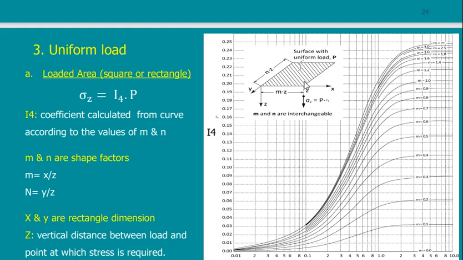I cannot use this to calculate the stress at a point away from a loaded area or inside a loaded area. I can only calculate the stress at a point at the corner. Suppose that this is the loaded area, this is the corner, and I want to calculate the stress at a depth Z below the ground, then I can use this chart or this drawing.